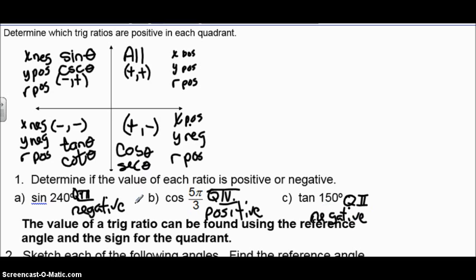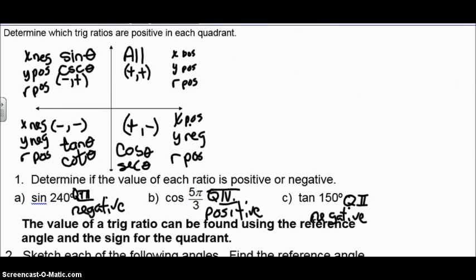So the value of a trig ratio can be found using the reference angle and the sign for the quadrant. Okay, so since we can find the values of the reference angles, then we just have to figure out, based on which quadrant it's in, whether that would be a positive or a negative value.